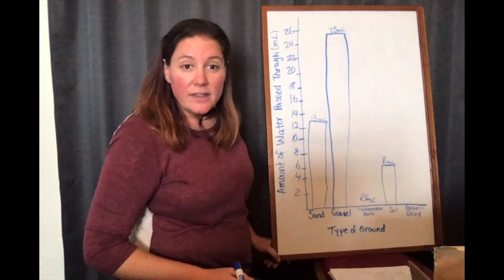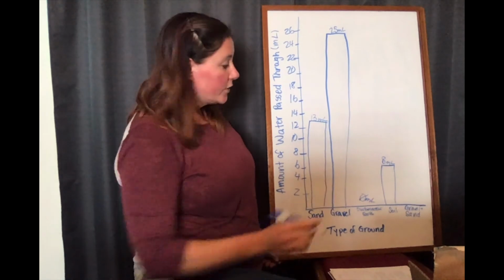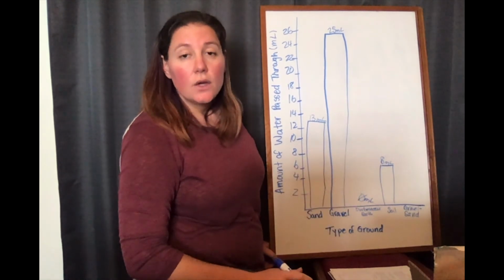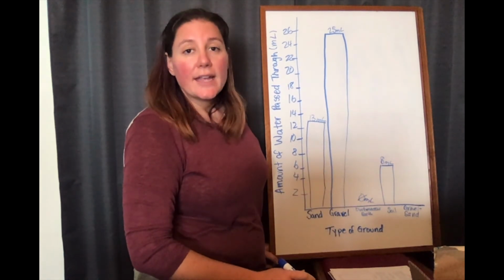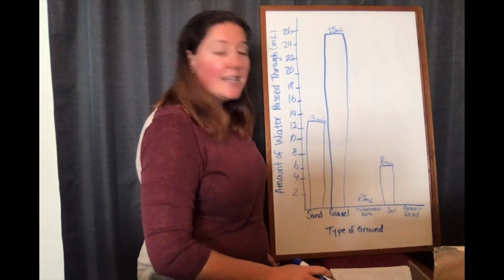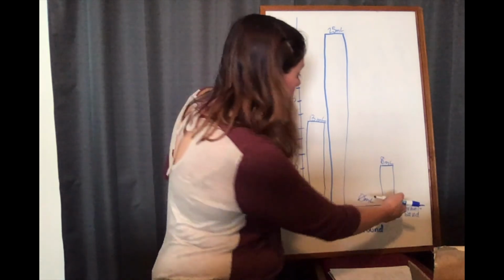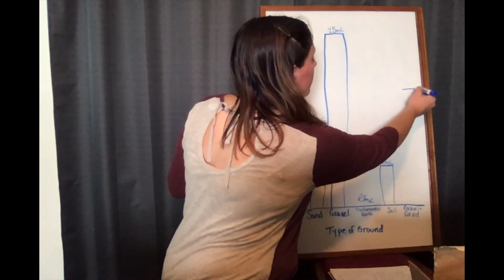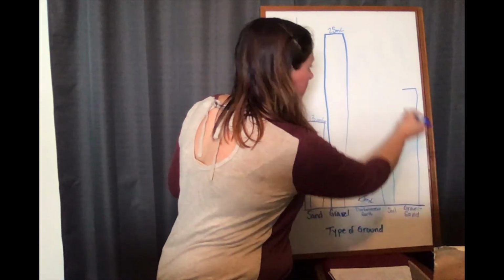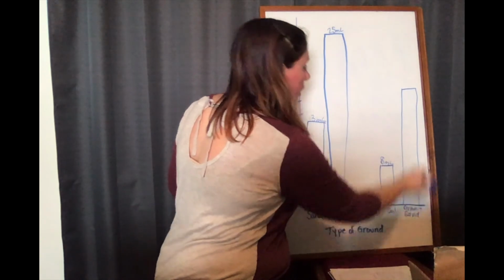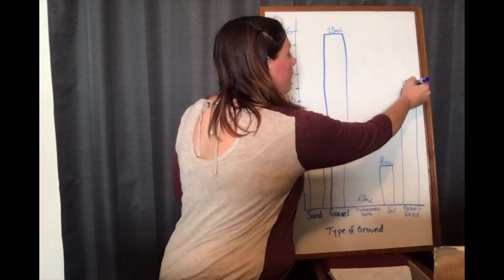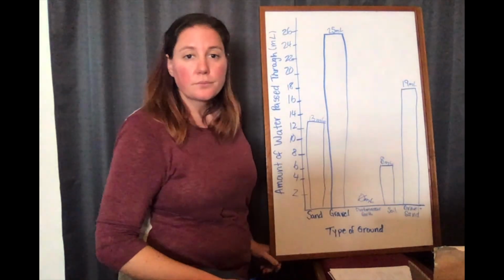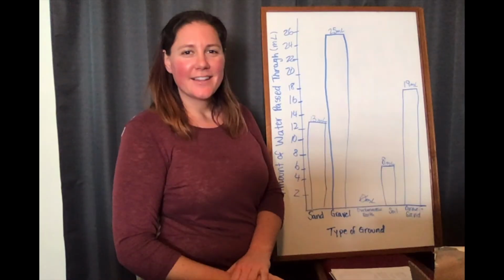Label my 8 milliliters. And last but not least was our combined final test. We combined gravel and sand, and for that one, about 19 milliliters came out. So I'm gonna measure up to about 19, right about here, and make my bar, and I have my 19 milliliters. So there you see.